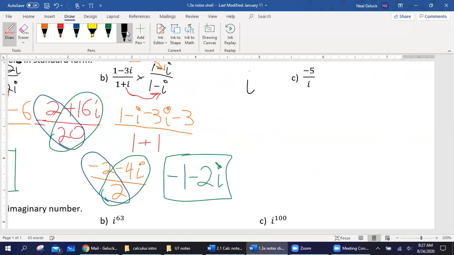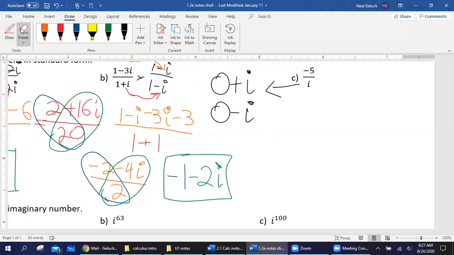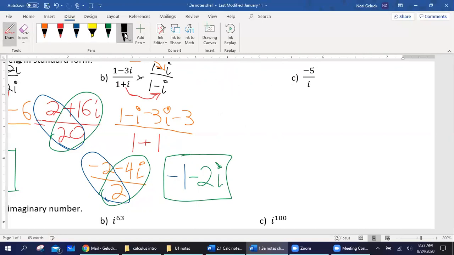Think of i as 0 plus i. Its conjugate, therefore, would be 0 minus i, which really is just negative i.